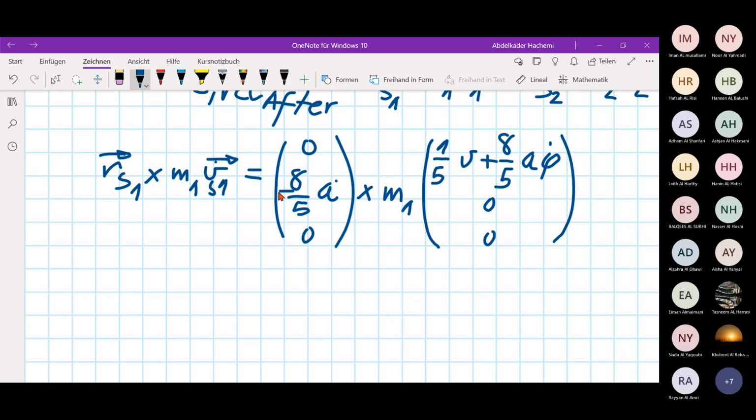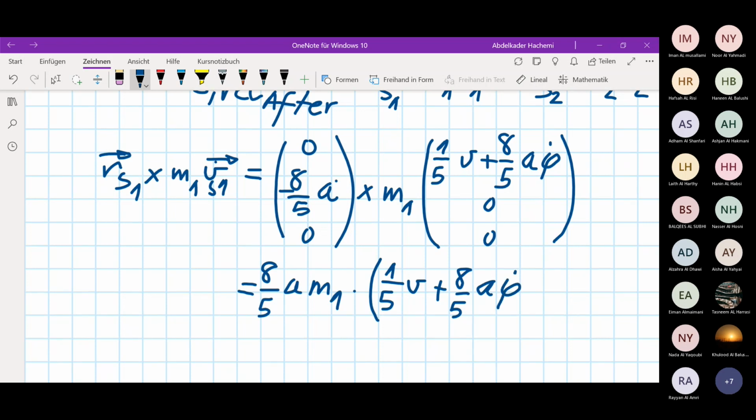Okay, then if we develop, we will get here 8 divided by 5 A M1 multiplied by 1 divided by 5 V plus 8 divided by 5 A phi dot in Z direction.